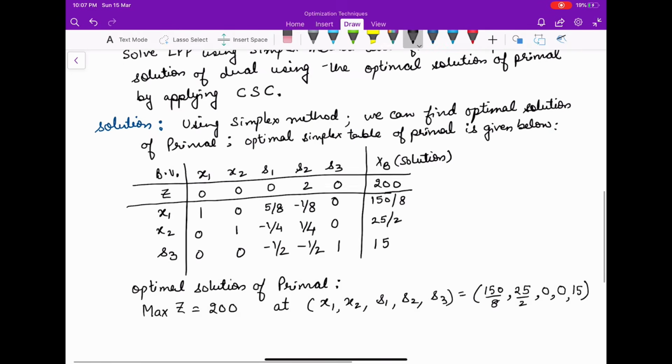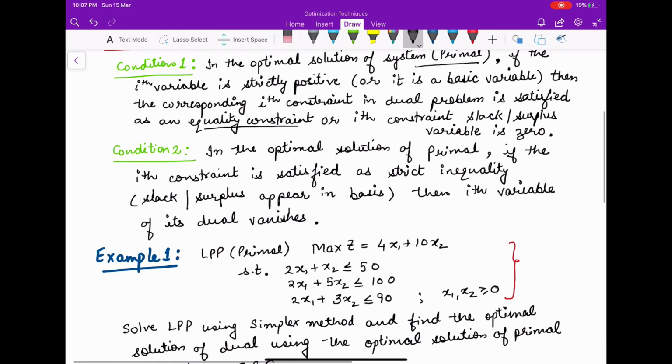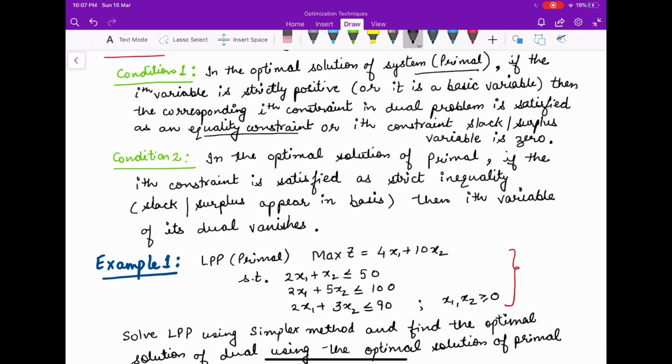Now if you go back to the complementary slackness conditions, condition 1 says you have to read the solutions from the optimal solution of the primal. So if the ith variable is strictly positive, or if it is a basic variable, we need to identify which are the basic variables in the optimal table. Then the corresponding slack surplus variables are 0.